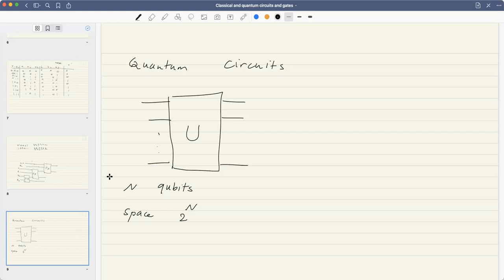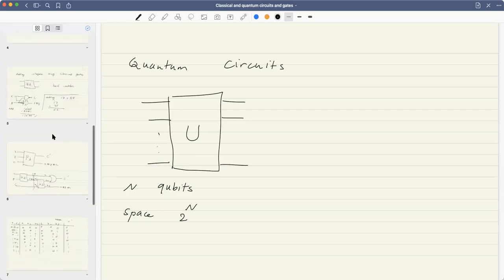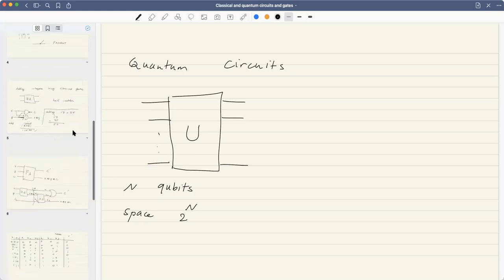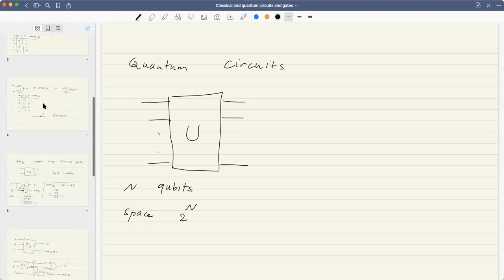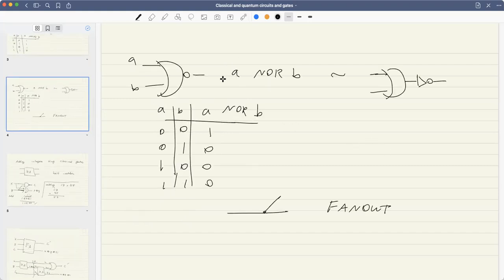So the way we build quantum circuits is we apply unitaries as building blocks to generate some unitary transformation on the entire state. So the simplest unitaries, of course, are going to act on 1 qubit. The classical gates we talked about, most of them were acting on 2 bits and producing 1.